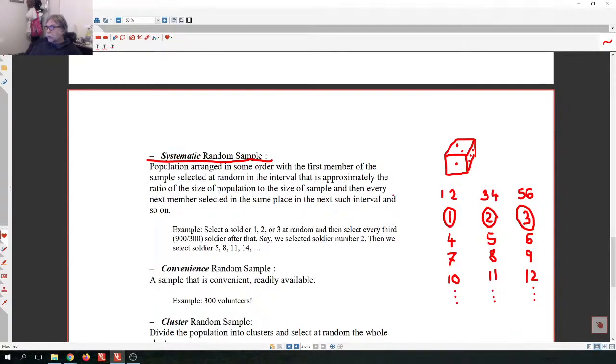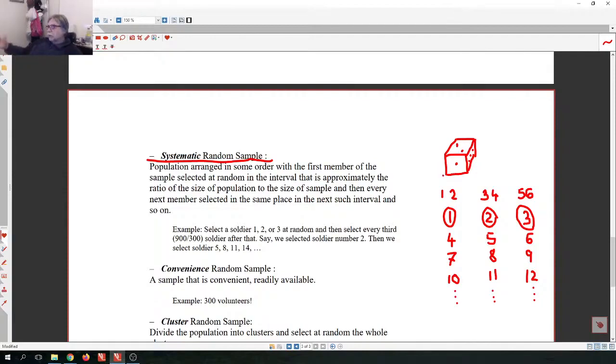Systematic random sample is you select somebody in the beginning of the population, if you have some kind of sorted population, and then after that proportionally you take, in case you're taking a third of the population, every third, in case you're taking a tenth of the population, every tenth, and so on.